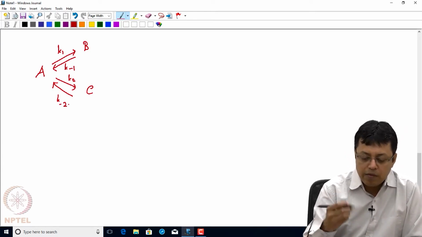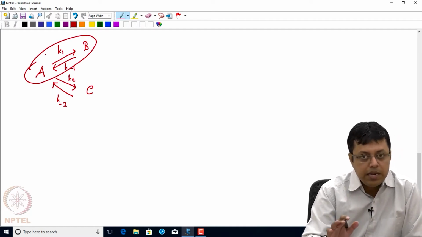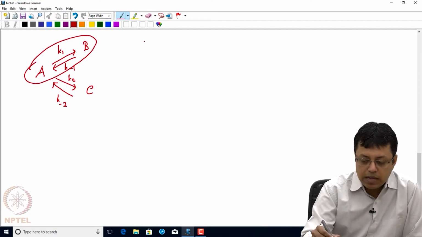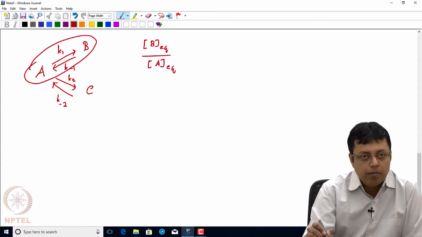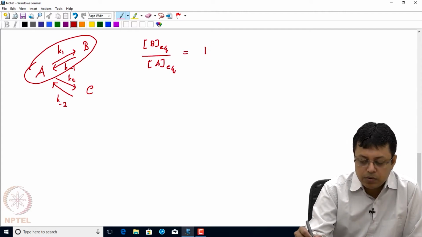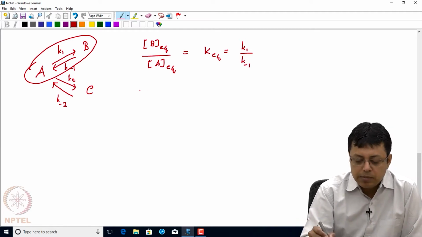Now we have already studied what happens for equilibrium. Considering the A–B equilibrium, we know that in the long time the ratio of the products will be nothing but B equilibrium by A equilibrium, which is related to the equilibrium constant, which is also related to the ratio of the rate constants.